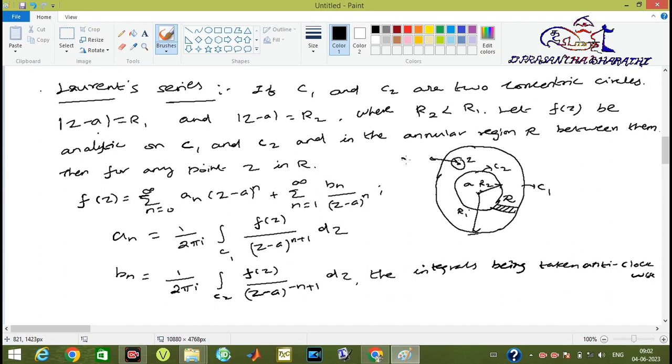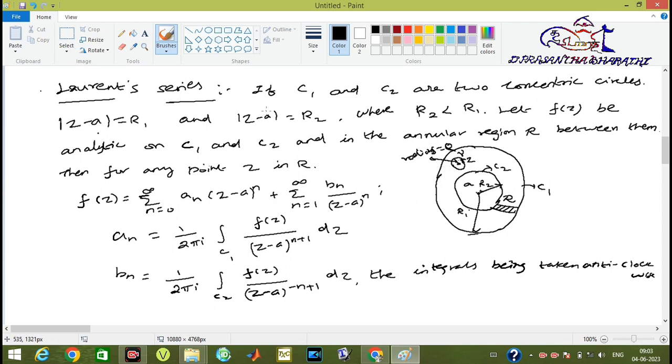It is a very small radius, radius equal to rho. This small circle is called gamma.